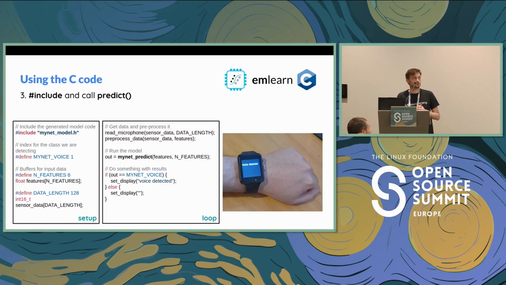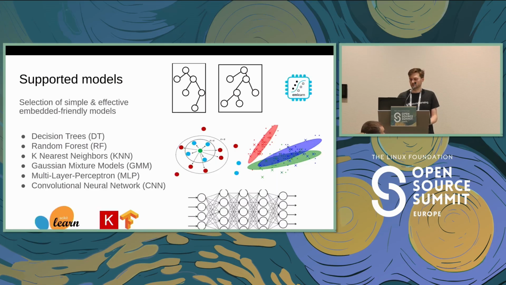There's also support for screens, etc. So you can use all the familiar things from Zephyr for whatever is suitable for your application. emlearn does not support all the machine learning models in the world, but it supports a decent selection that is relevant, particularly for embedded devices and that are quite simple and effective, including some neural networks, but also some classic methods that are still very relevant for many applications because they're often more power efficient or have good properties in terms of robustness.